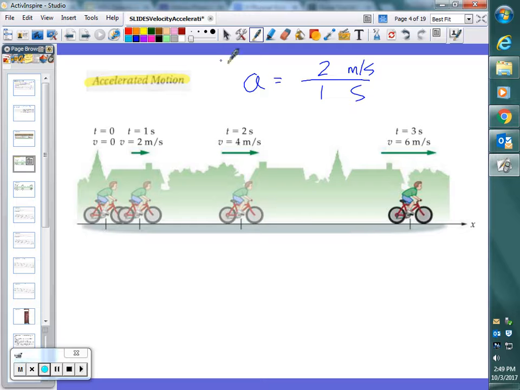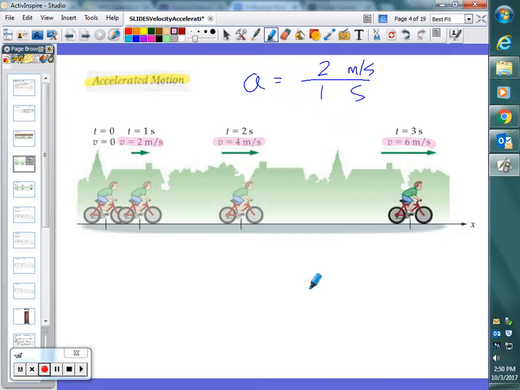Terminology. What would we call those things that I just highlighted? Something more specific. Those numbers that I highlighted right there are instantaneous velocities.